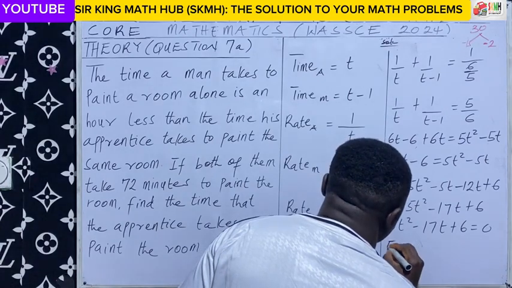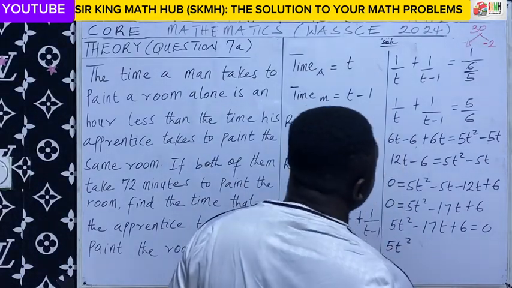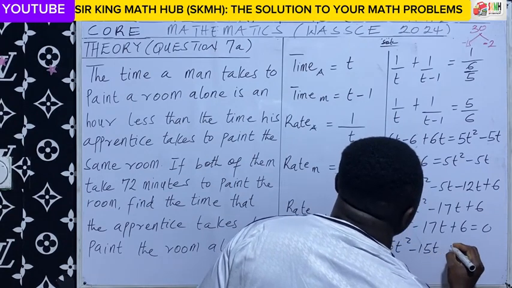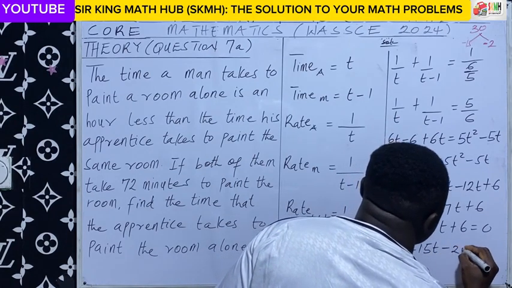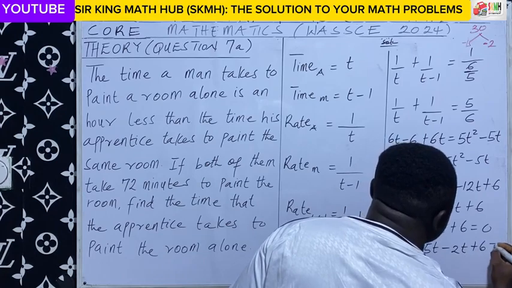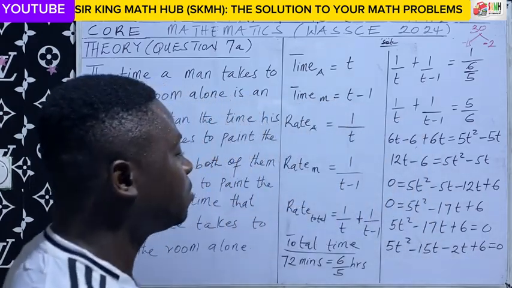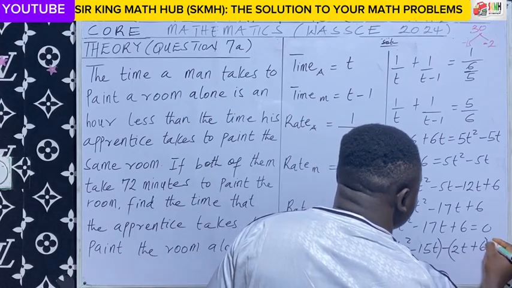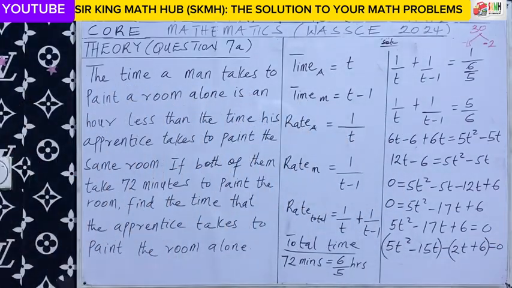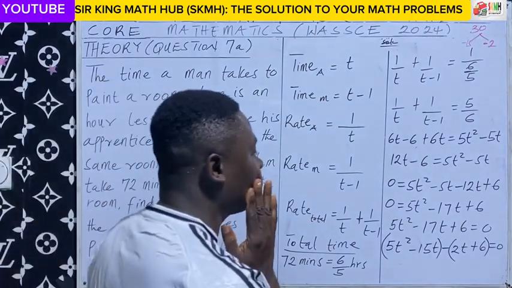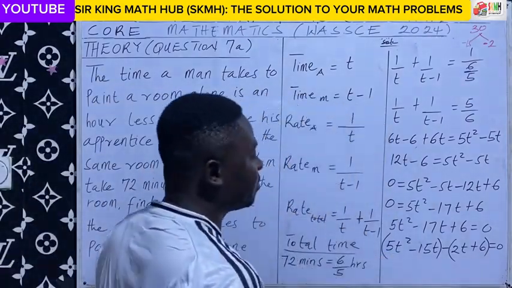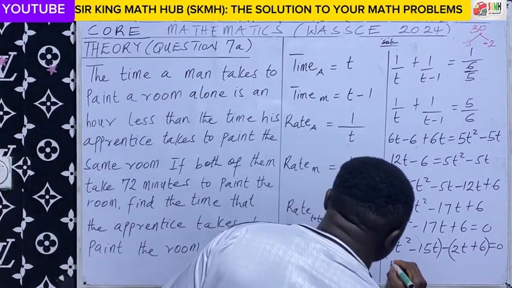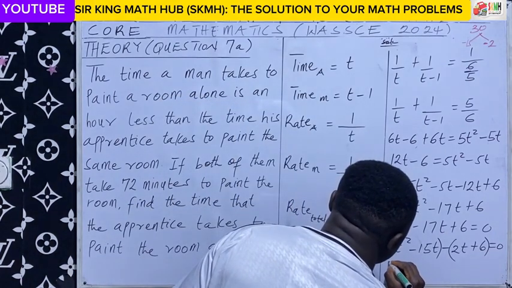So we have 5t squared minus 15t minus 2t plus 6 is equal to 0. So we can group them. What is the common factor here for the first bracket? The common factor here is 5t.